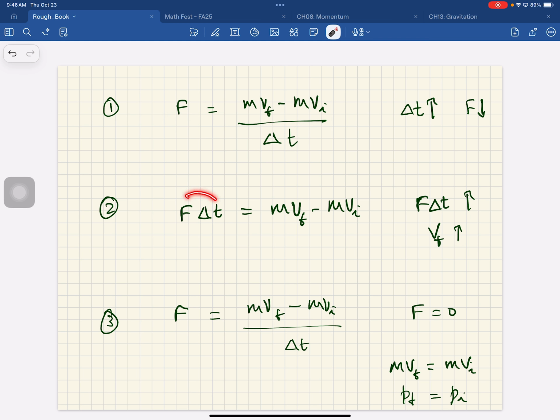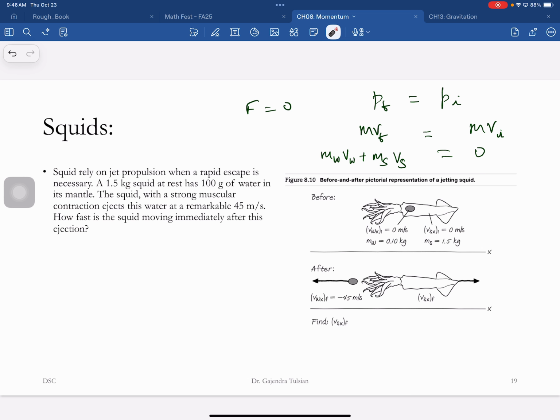When you want to get an object to go fast, when you want to change the velocity of an object substantially, then you apply a large impulse. And when the external force acting on the object is 0, then the momentum is conserved. P final is equal to P initial. So those are the applications we'll see in this chapter.